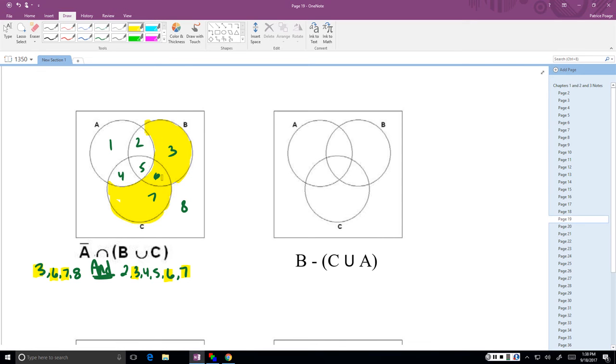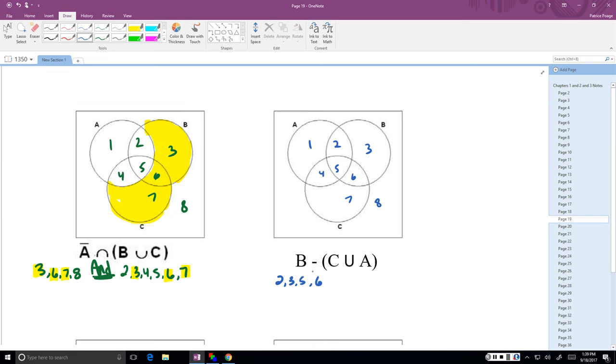Over here, what do we do first? We number. So I'm going to number it. Okay. So this one says B minus something. So that means I'll start off with circle B. Circle B has 2, 3, 5, 6. On the minus ones, I don't even write them down. I just think I need to take away, so it's not going to get any bigger than 2, 3, 5, 6.